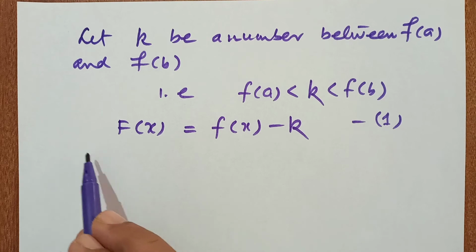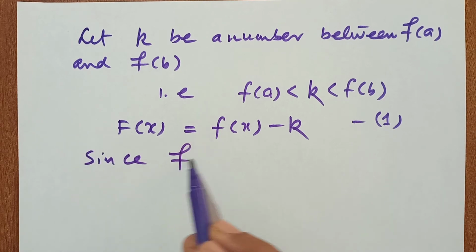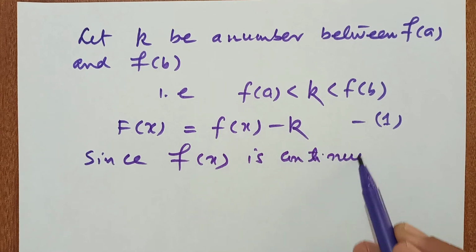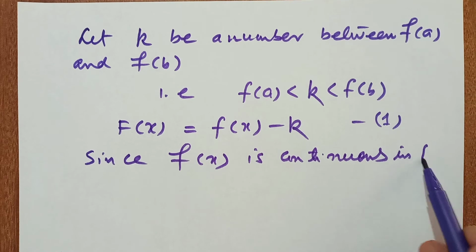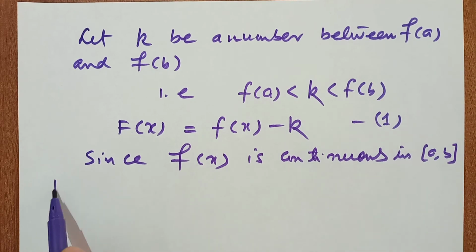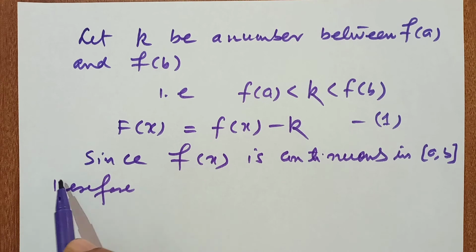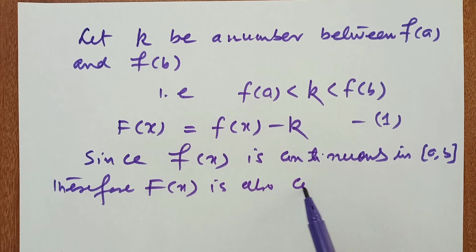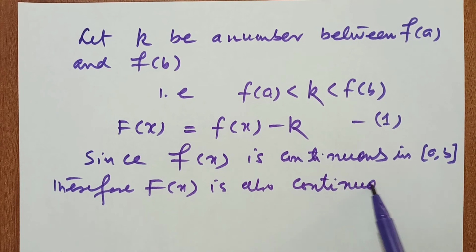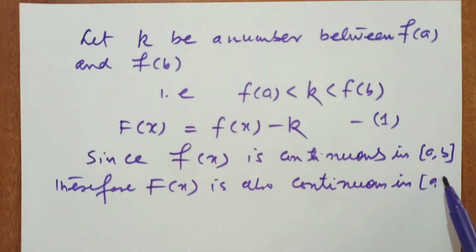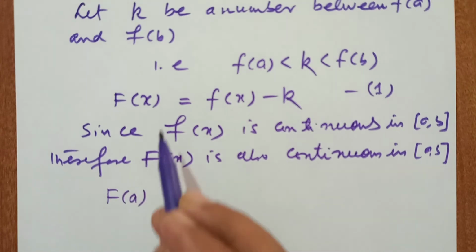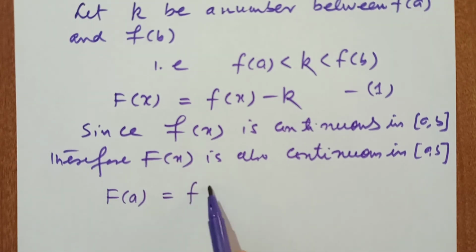Okay, so since f(x) is continuous in the closed interval [a, b], therefore capital F(x) is also continuous in the closed interval [a, b]. Now capital F(a). So what is capital F(a)? This is equal to f(a) minus k.